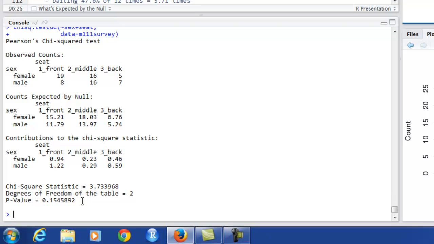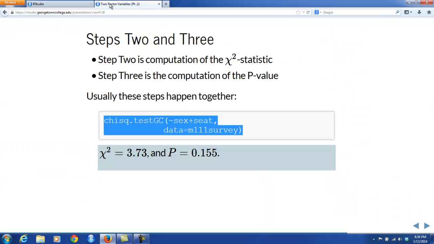Those chances are not so small. There's about a 15% chance of getting 3.73 or more if the null is right. So those are the 2 important numbers that we pick up off of chi-square.test.gc.